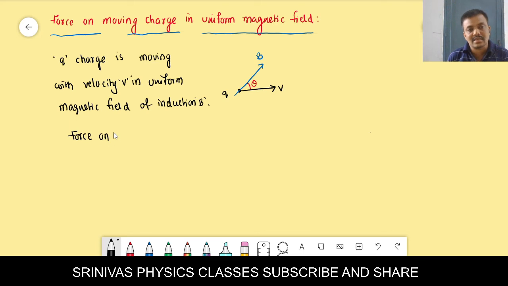During this the force will act on the charge. The force on charge formula is F is equal to QVB sin theta. This is the formula for the force on the charge.